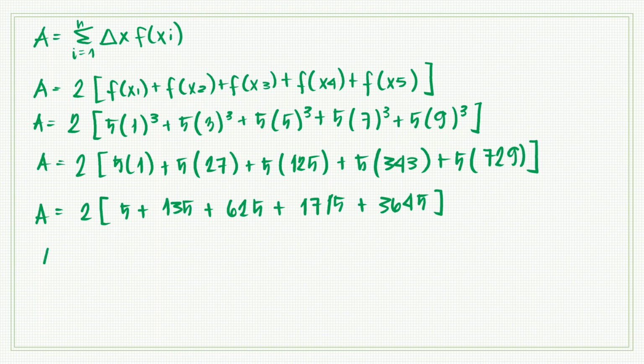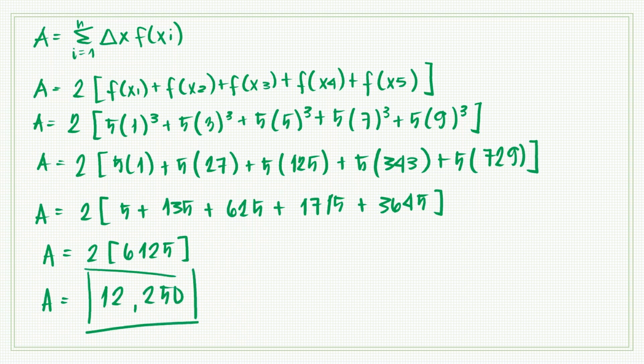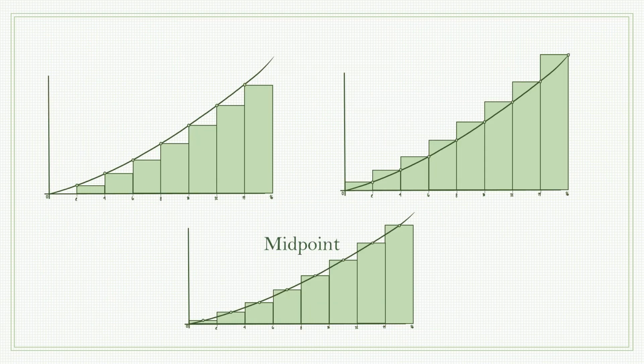And we are going to add all and with the total of 6,125 times 2 is 12,250.